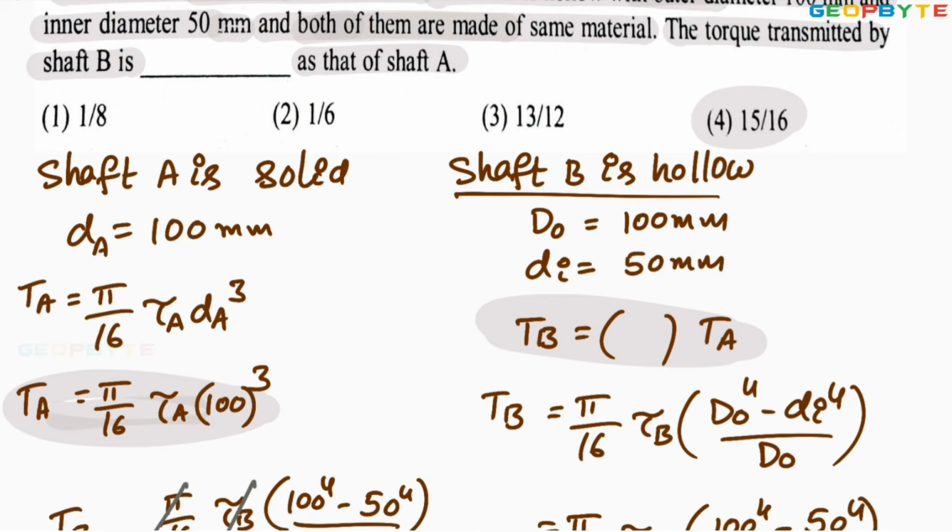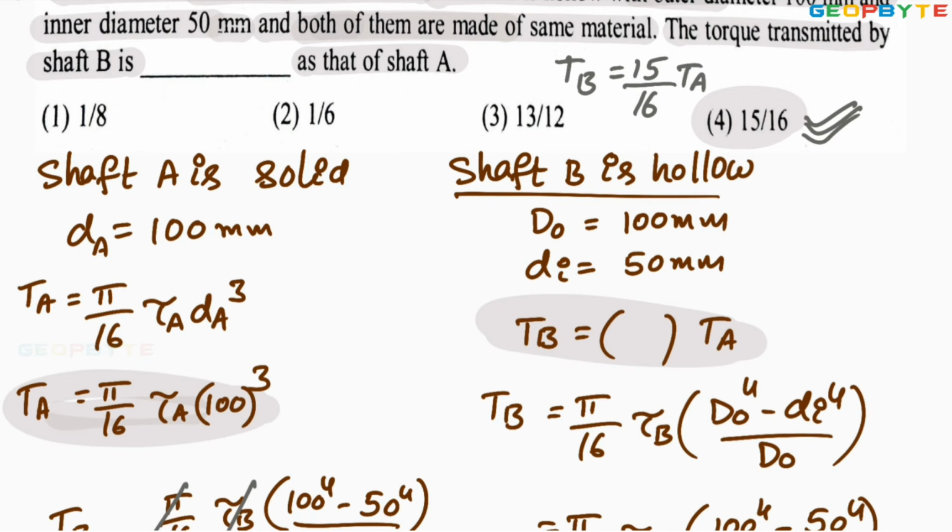So the torque transmitted by B equal to 15 by 16 times that of the A. So anyhow, the fourth option is absolutely correct. Dear friends, this problem is also very important. More frequently, this kind of problem is asked in almost all competitive exams. I hope you clearly got my point.